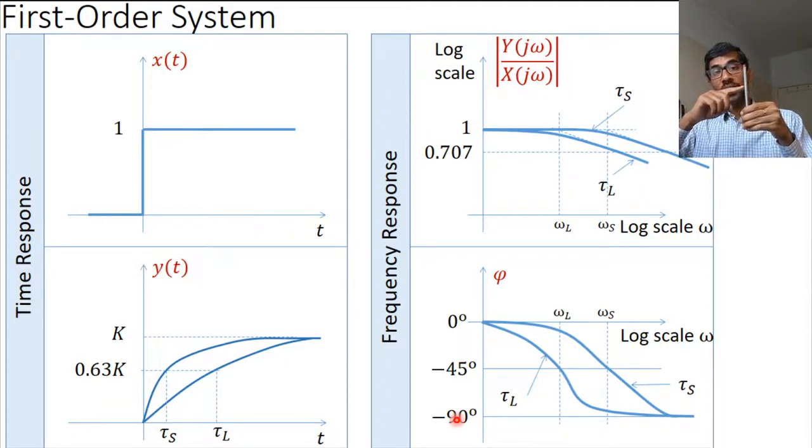So what would the shape of the mercury column look like? Now, if the temperature of the water is changing very, very slowly, then what you would expect is that the mercury column would just go up very slowly because the input is changing very slowly, and then come down very slowly. So basically, it's able to follow the input.